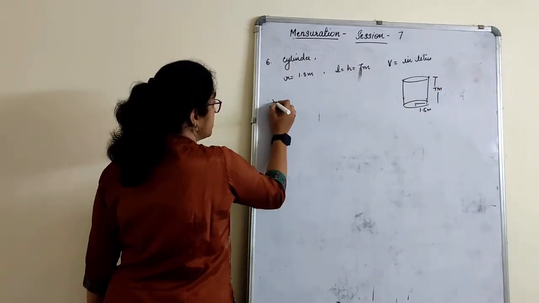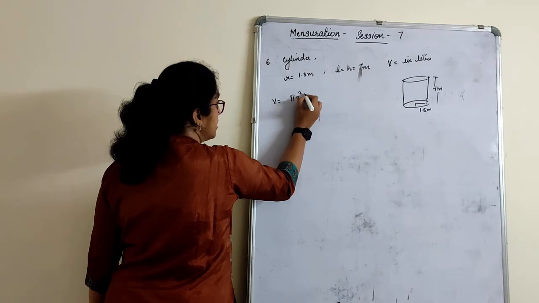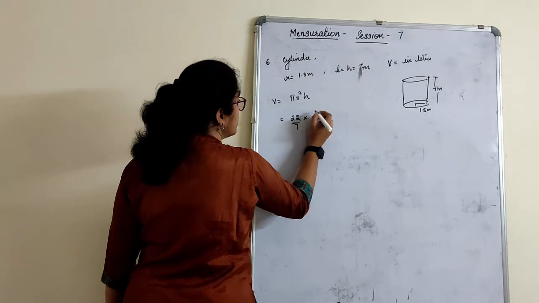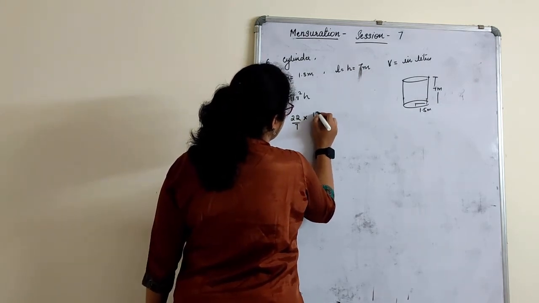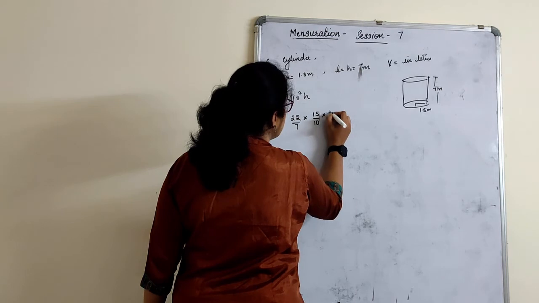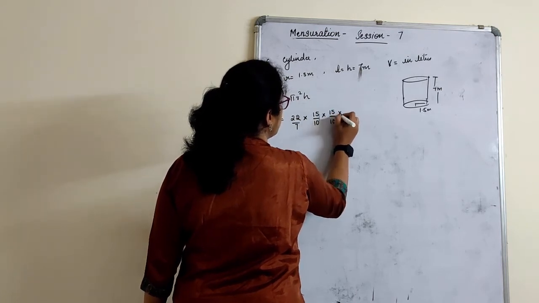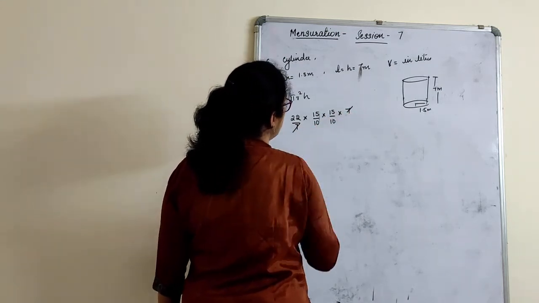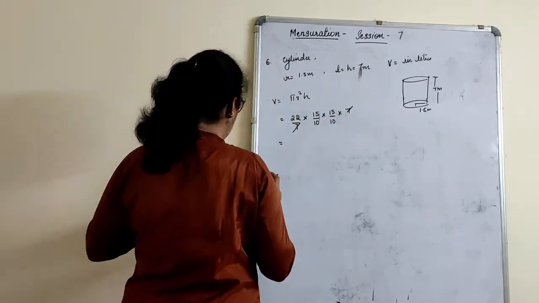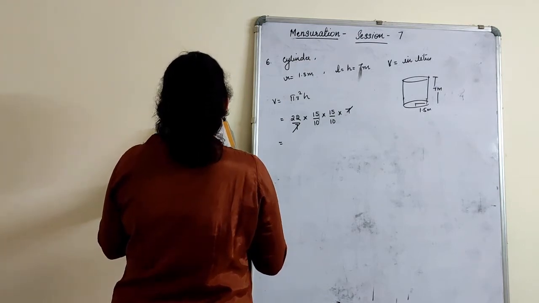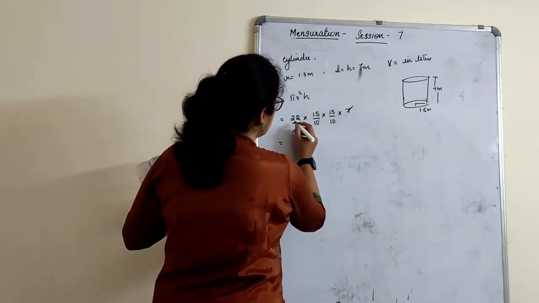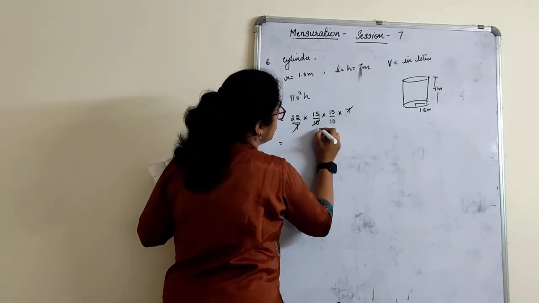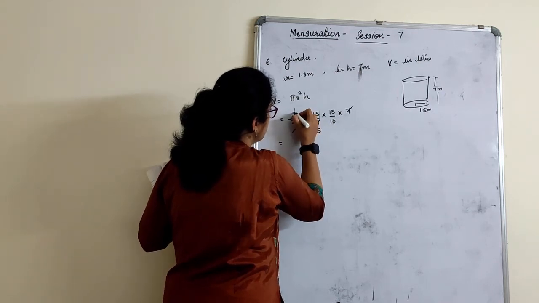Let's quickly start. Volume is equal to pi r square h. So 22 by 7 into, if you want, I can write this as 15 by 10 into 15 by 10, and height is 7. 7 and 7 will get cancelled. So here, multiplication: further cancellation, 2 5s are 10, 2 11s are 22.